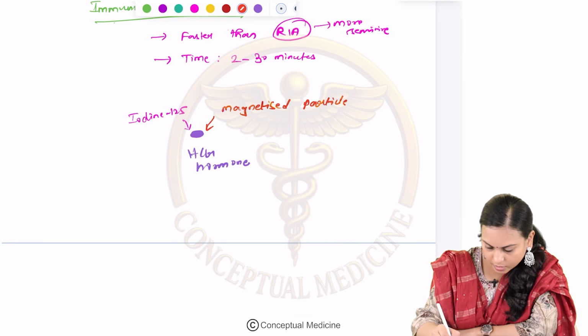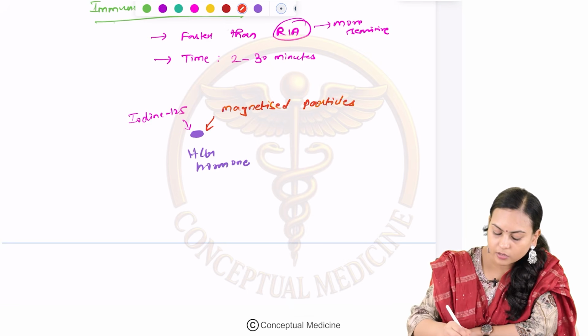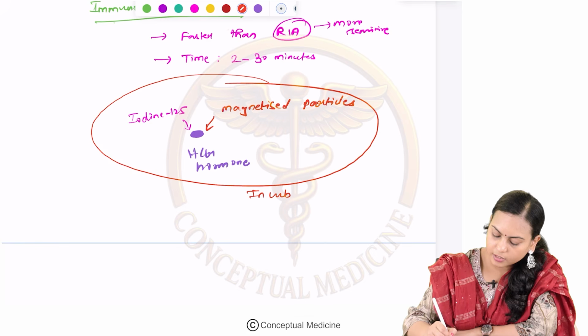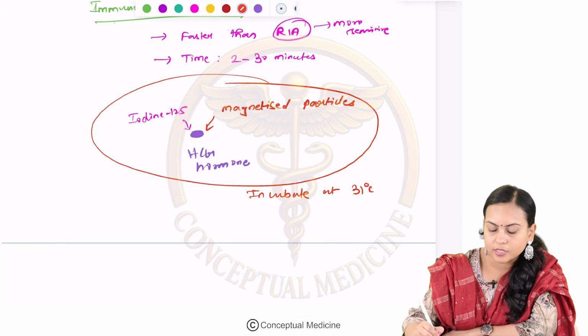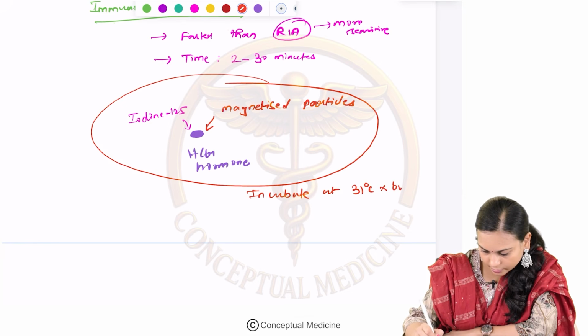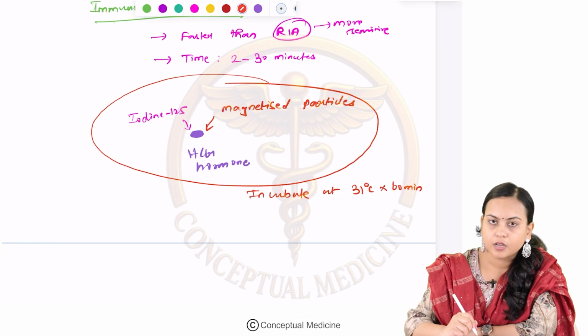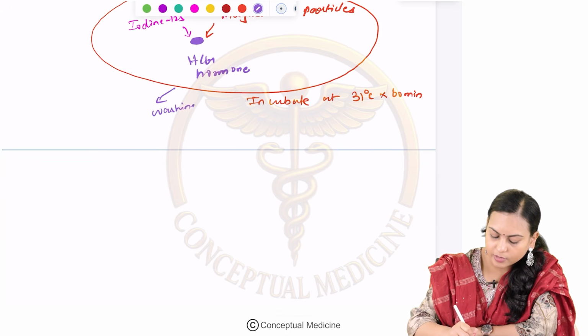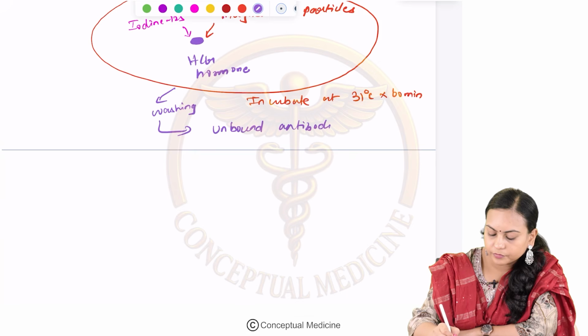Now after adding this, the whole of this we are going to incubate at 31 degrees Celsius for about an hour, that is 60 minutes. After this, we'll be washing the substrate and the unbound antibodies will be measured.